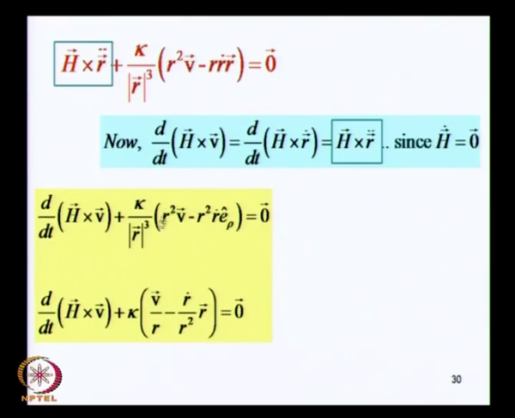But here I now take this 1 over r cube inside this bracket. So, r square over r cube gives me 1 over r. So, the first term becomes v over r, and the second term gives me r dot over r square, because this r square will cancel r square. That will give me only 1 over r, but then there is a unit vector over here. So, I write it as r over r square.